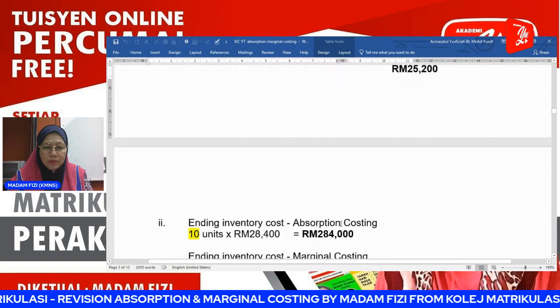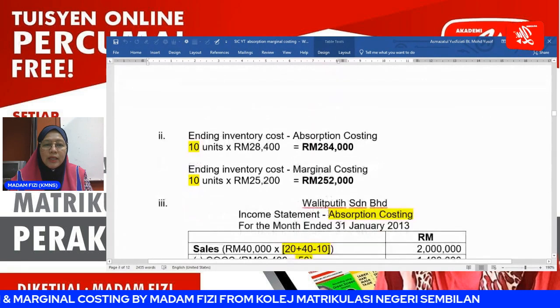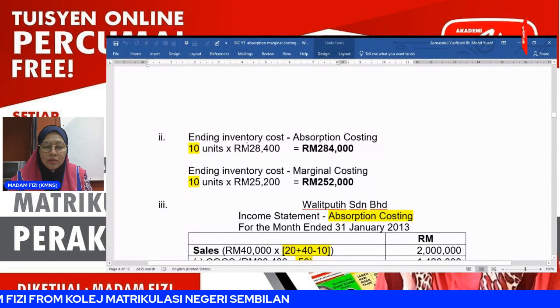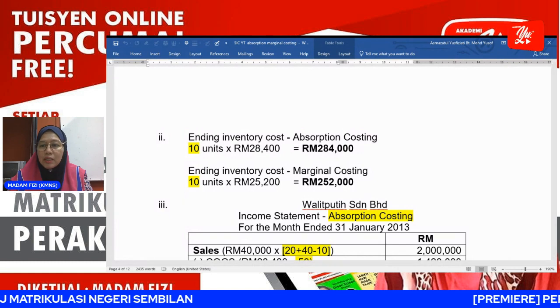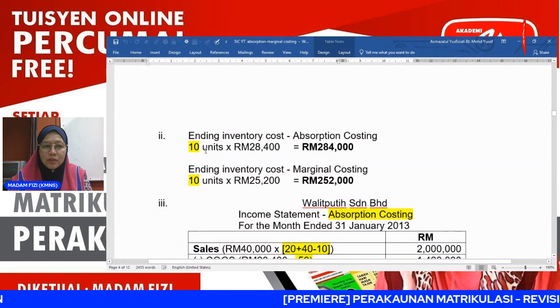They need you to calculate the ending inventory. So the ending inventory cost for absorption costing: just now you highlighted the ending inventory is 10 units.